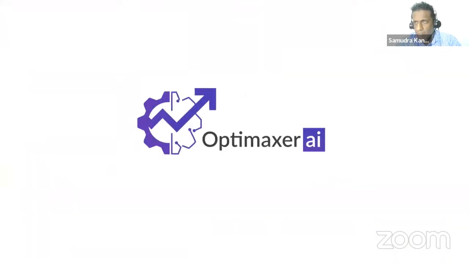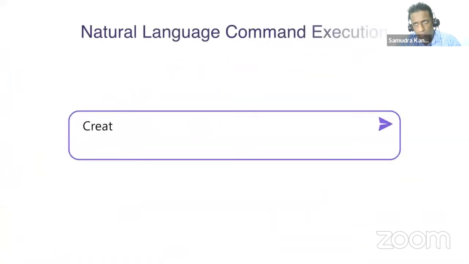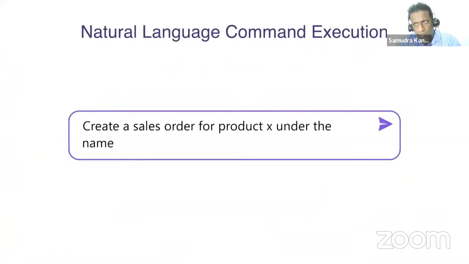Introducing Optimaxer AI, a platform which can transform existing complex enterprise-level applications into natural language-based tasks. Let's look at how a complex workflow task like placing a sales order can be executed using the Optimaxer AI platform using just natural language command.